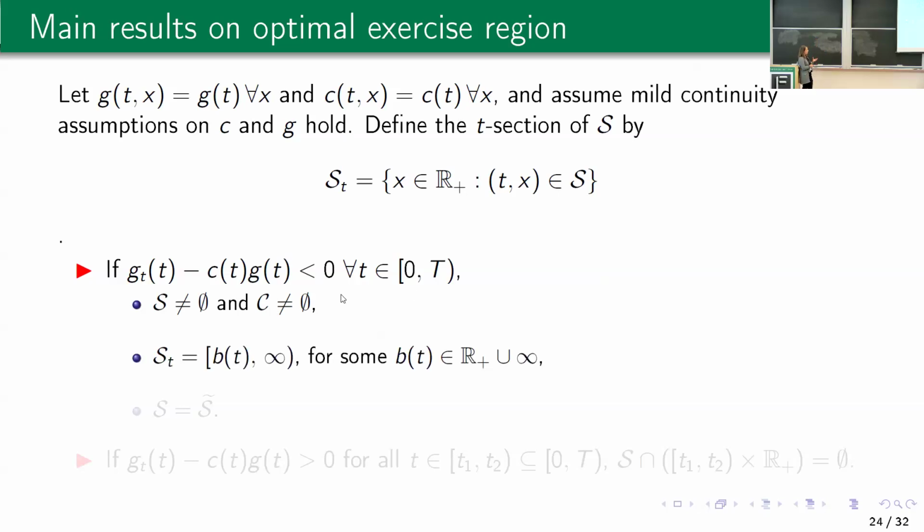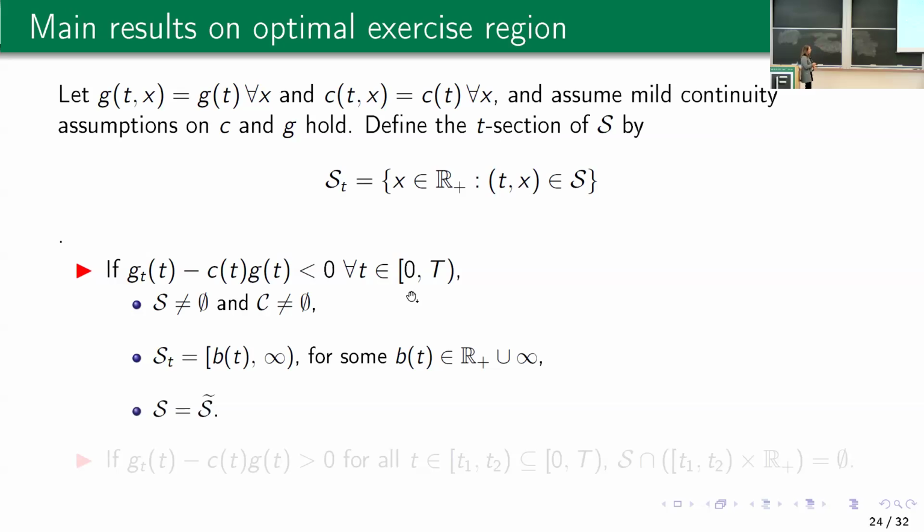It's not clear that for every time T it will be optimal to surrender, but when it is optimal to surrender, then the T section of the surrender region will be of the form B_T to infinity. So we won't have the problem where it's optimal to surrender for some values, and then above that, it's no longer optimal to surrender. This is not the case here. And this is only when this function here is less than 0.